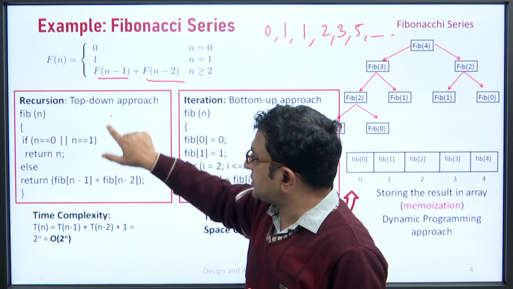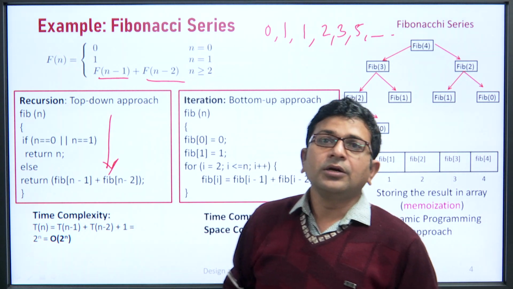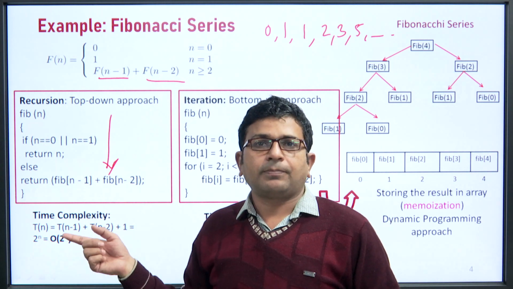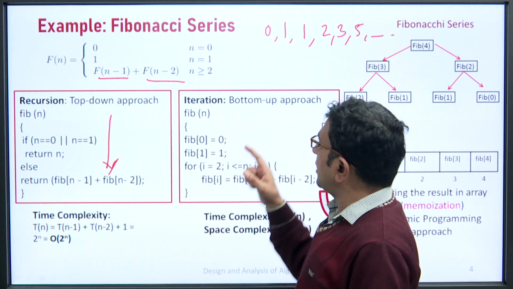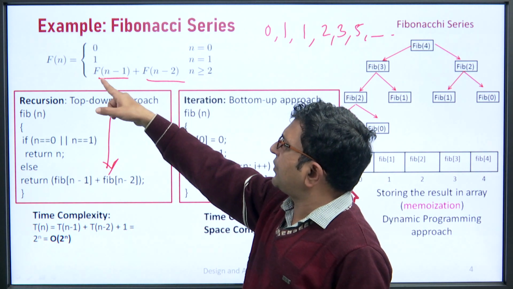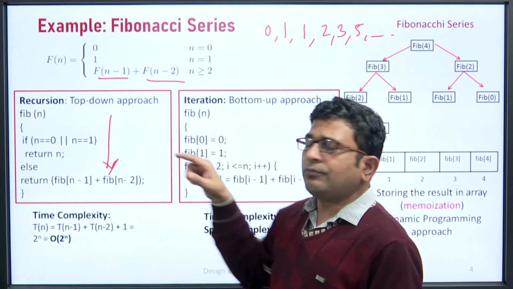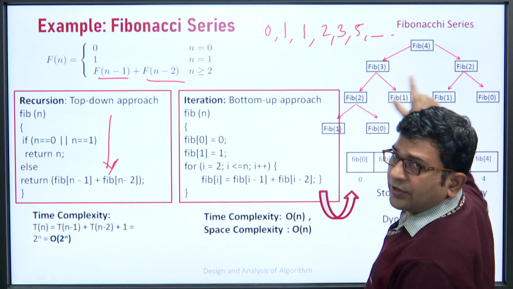So, what happens in the pure recursion method is that each common sub problem is solved repeatedly. Just see, if we break these functions f n minus 1 and f n minus 2, we basically get such a recursion tree here.